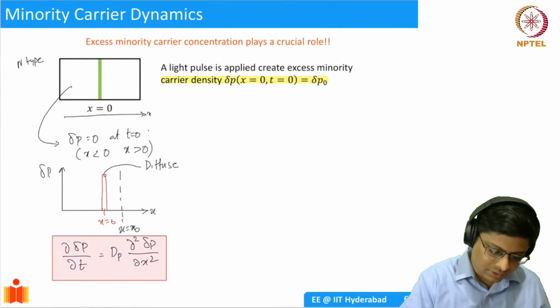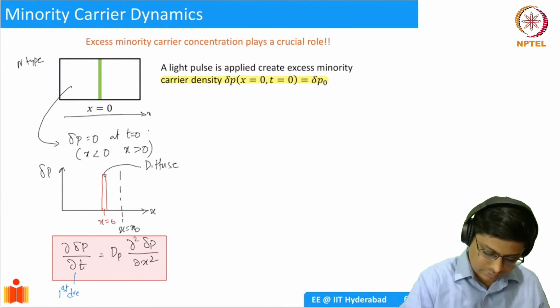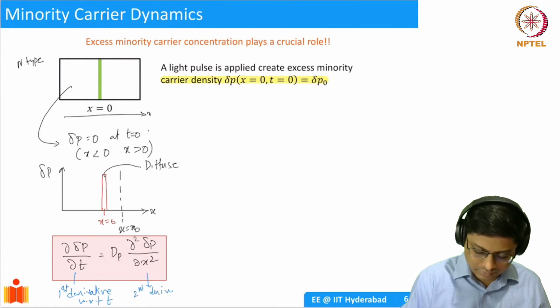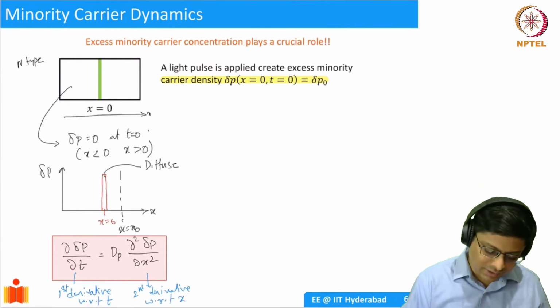So what this is telling me, remember, this is the first derivative with respect to time, and this is the second derivative with respect to x, and the coefficient that is linking them is the diffusion coefficient.